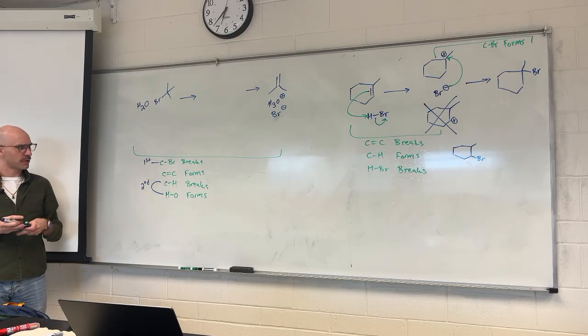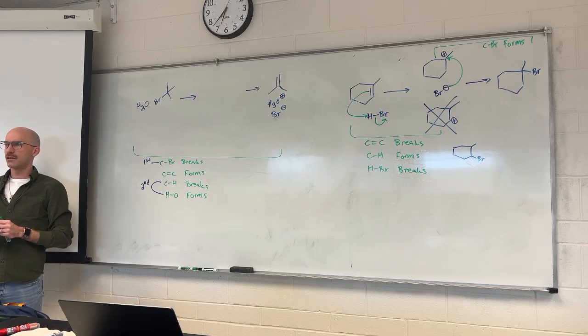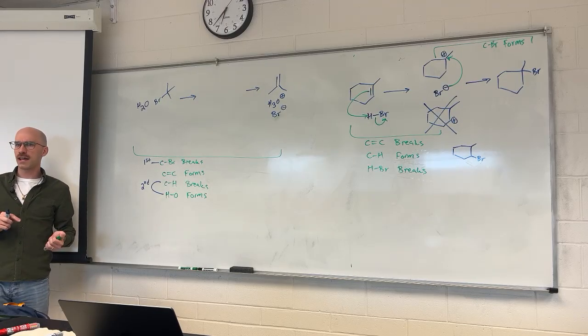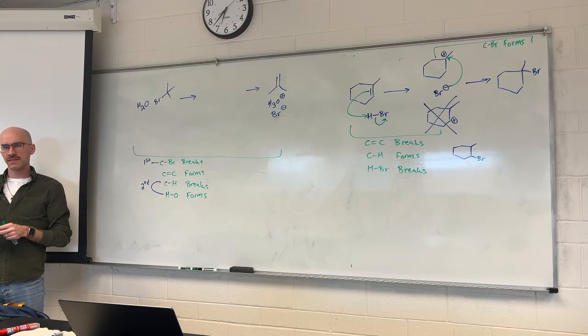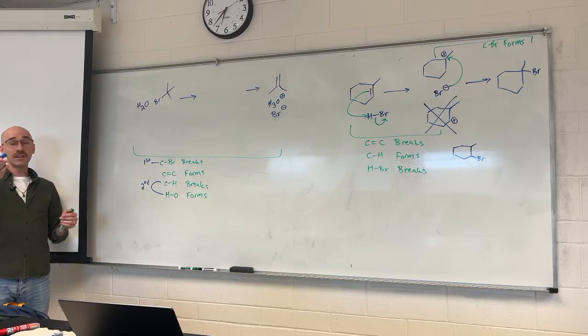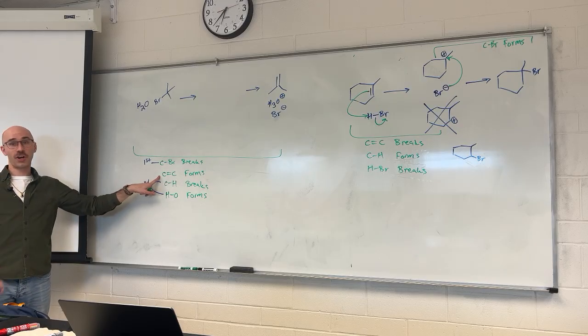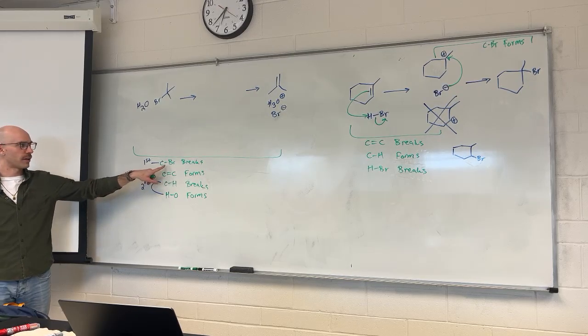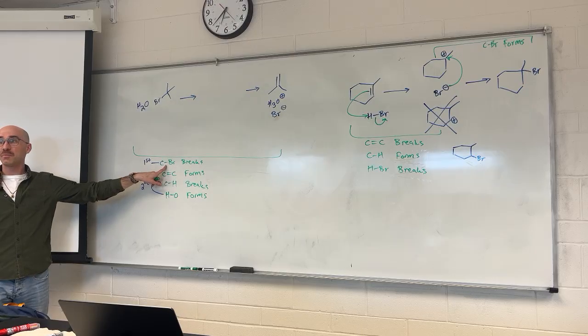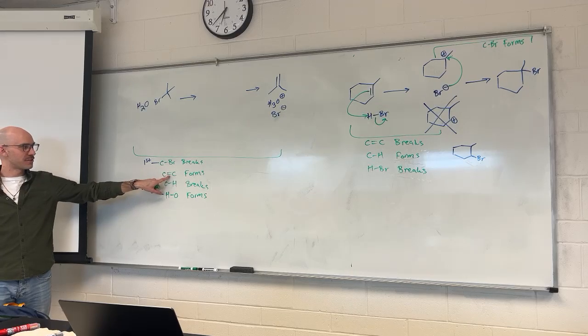But then this kind of leaves me with my carbon-carbon double bond. Should that happen in the first step, or should that also happen in the second step? There wouldn't be any electrons to form the carbon-carbon pi bond because those electrons are going to have to come from some other bond breaking. And I know when the carbon-bromine bond breaks, it breaks to the more electronegative atom, to the bromine. So where am I going to get the electrons to form the carbon-carbon bond?